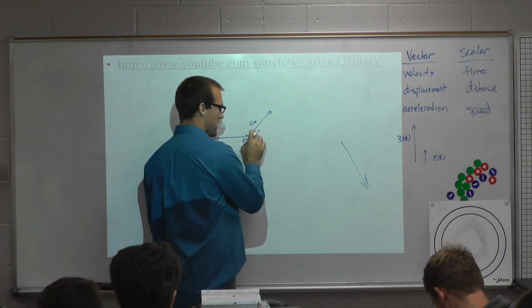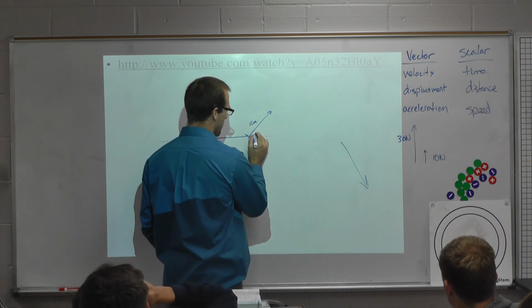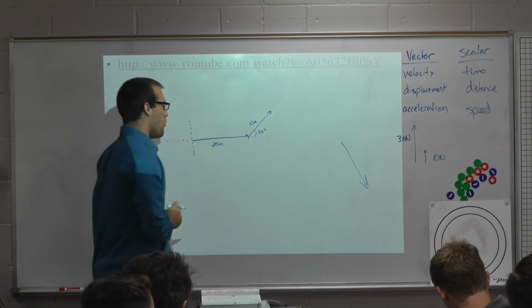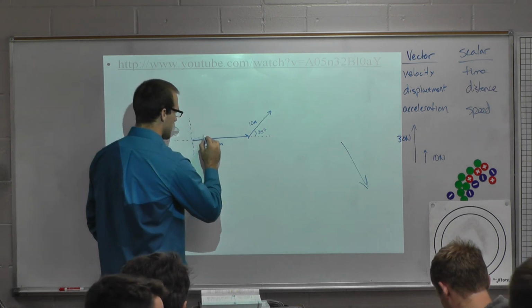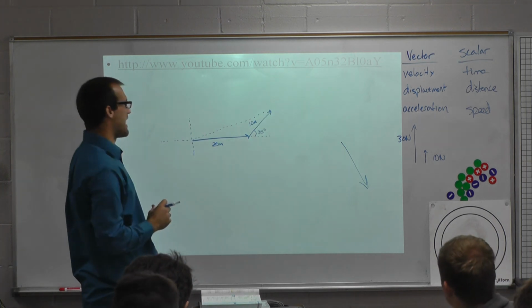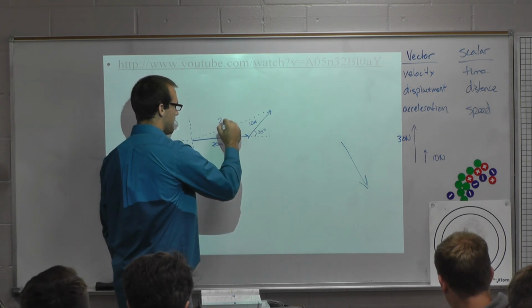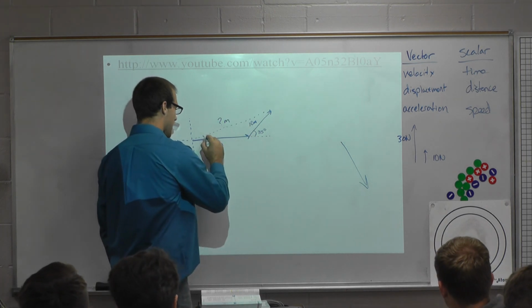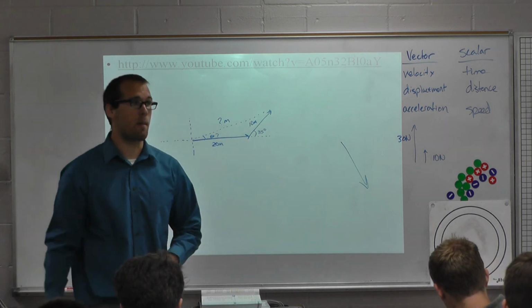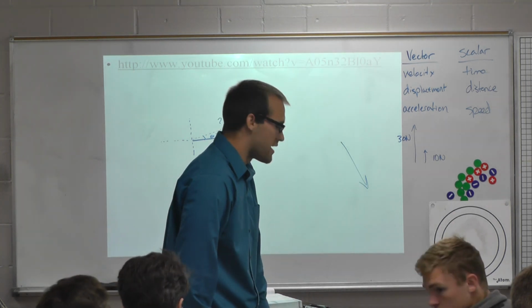Now, are you going to get a perfect 35? That's a little bit more than 35, but not much. What is the resultant? I'm not asking you to solve anything. I would say some amount of meters and some unknown angle. All I want you to do is draw a picture of it. We're not actually solving yet. That's not the answer to any of them. I just made it up.